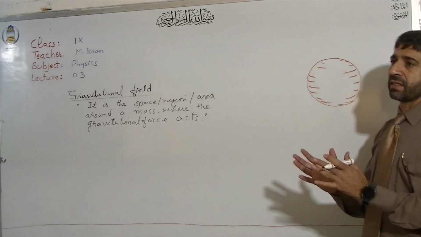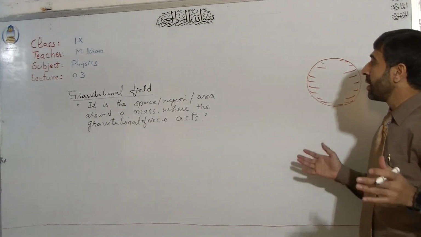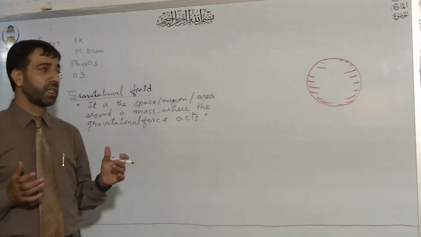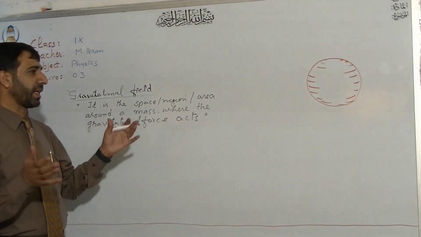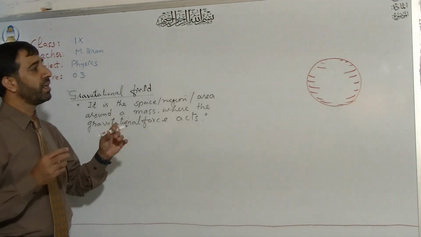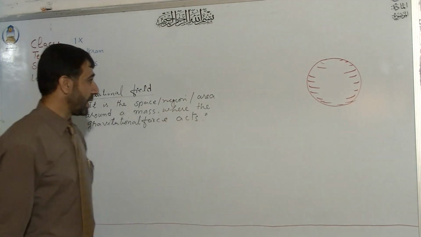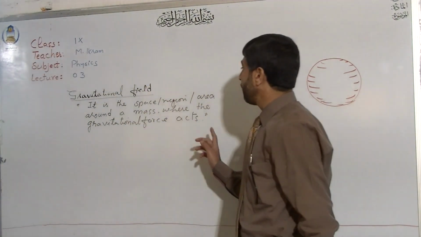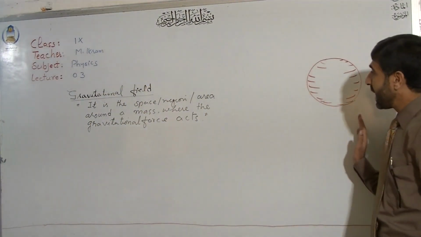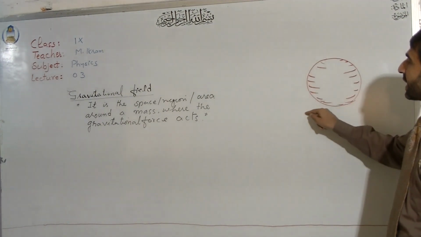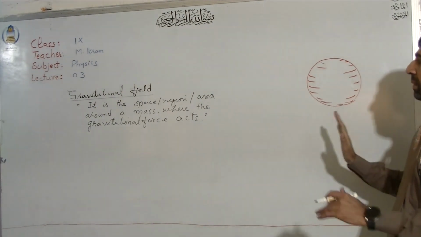Whenever two bodies come closer together, they will exert the gravitational force on each other. It doesn't matter whether they are far or close, there will be the gravitational force between them. So the question is how to denote the gravitational field of an object.